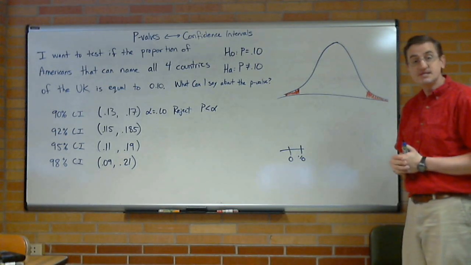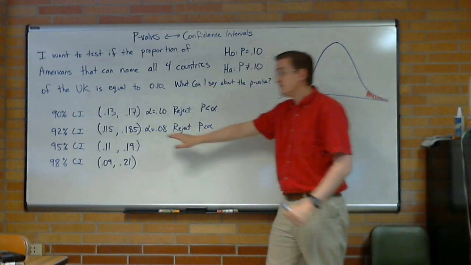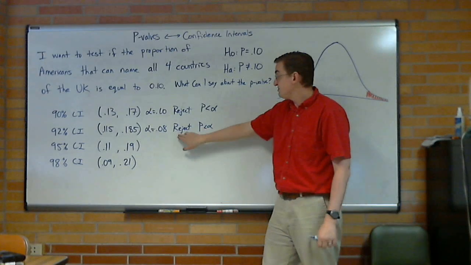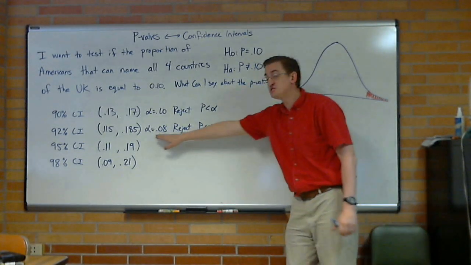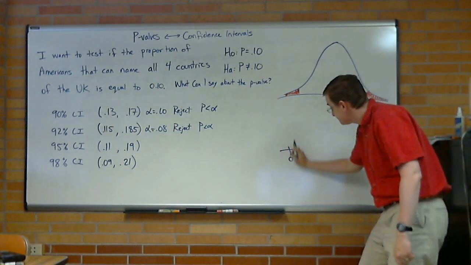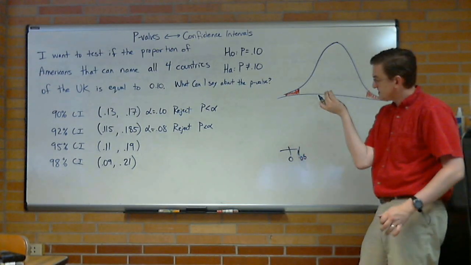Well, yes, let's look at the next confidence interval. Is 10% reasonable? The answer is no, because 10% again does not fit within this interval. And so we would reject with an alpha of 0.08. That tells us our p-value is smaller than 8%. So on this graph, I can take away my 10% and put in 8% and get marker all over my hand.